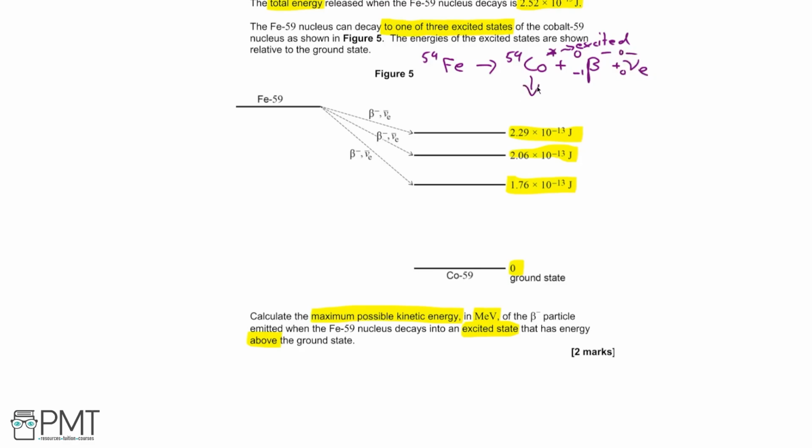The cobalt nucleus then decays into the ground state of cobalt plus at least 1 photon.